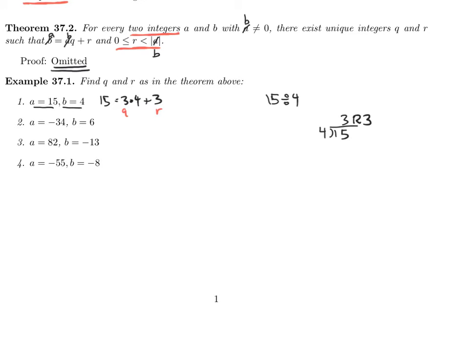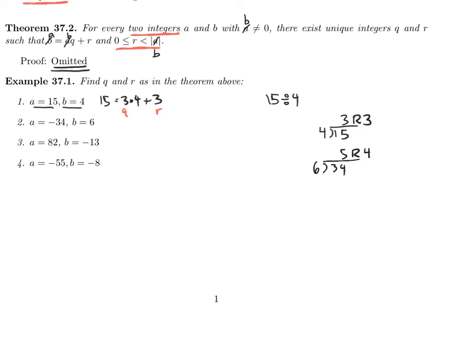Okay, so let's go ahead and look at this. So, in some sense, you'd be tempted to do this. You'd be tempted just to go 6 into 34. Well, 6 goes into 34 5 times with a remainder of 4.